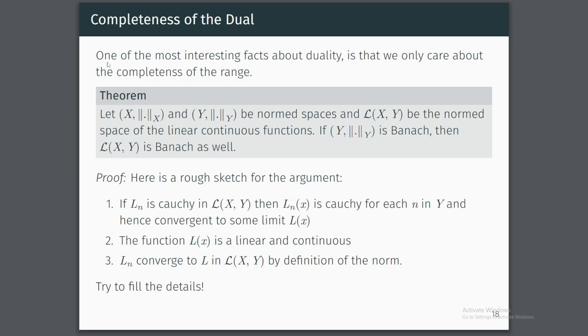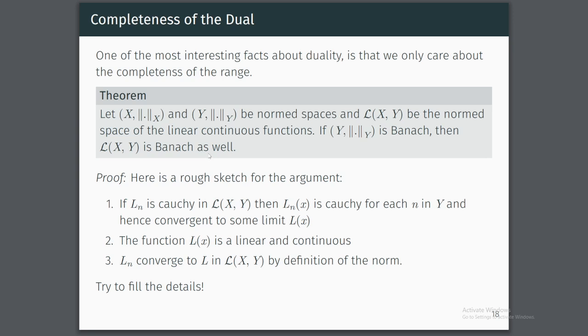But essentially, the remarkable thing about the space of continuous linear functions is that if the range is complete, that's enough to ensure the completeness of the space. No matter what x is, x doesn't need to be a complete space. It can be any arbitrary normed space. So if y is Banach, then the space Lxy is also Banach.